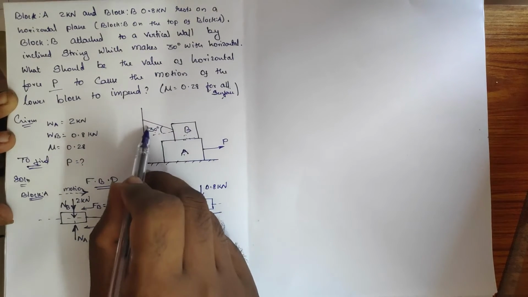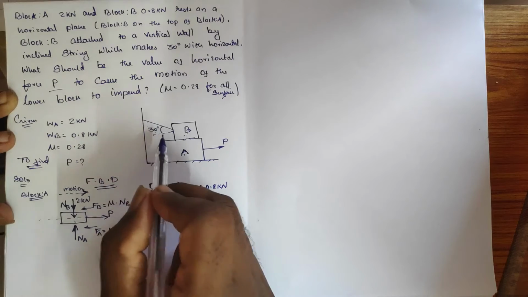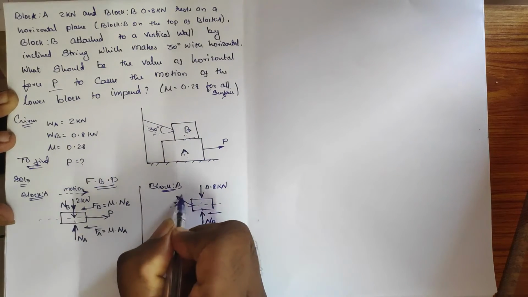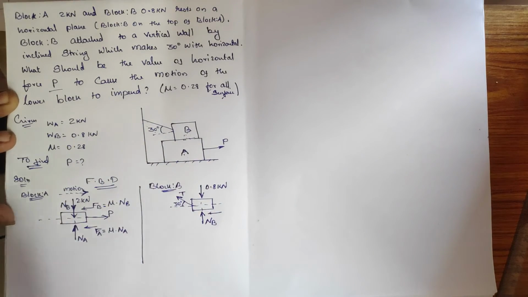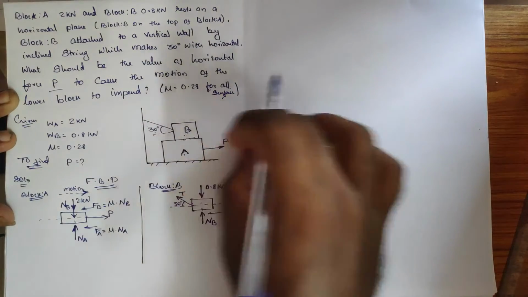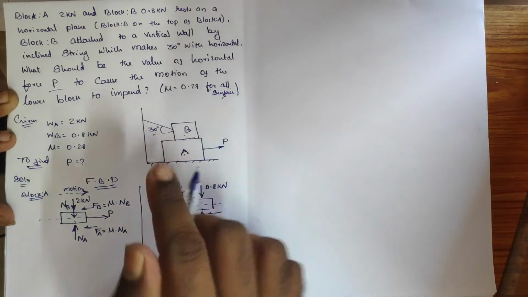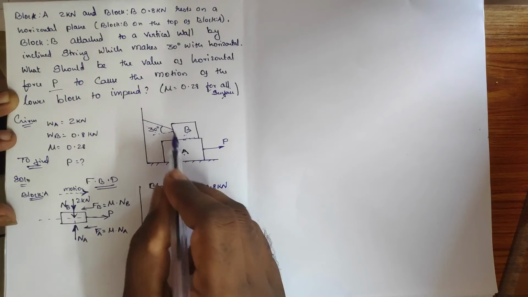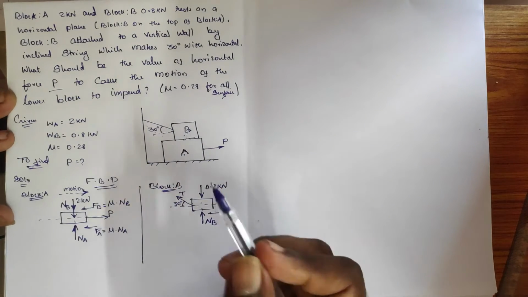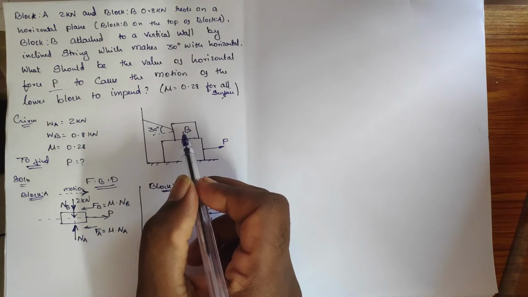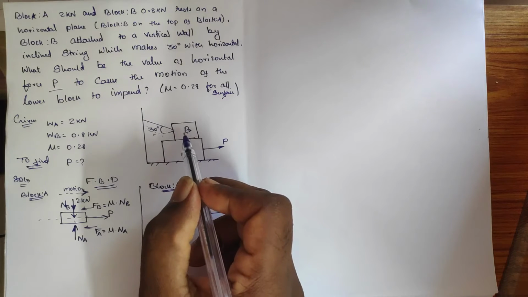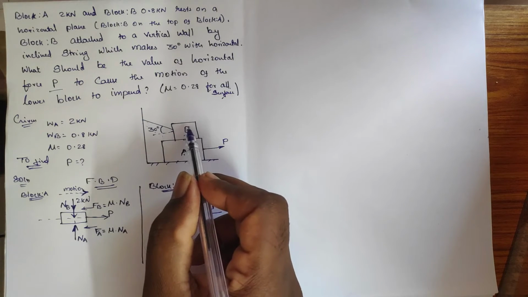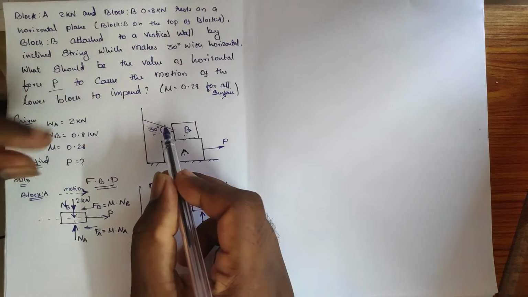Here the tension force is pulling it to the left side, and the P force is pulling the lower block to the right side. So body B will keep its position in the same place because of this tension.